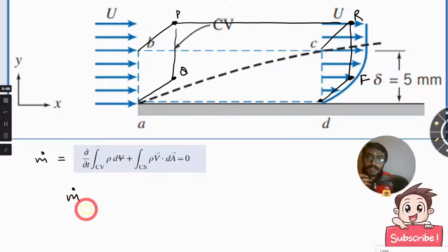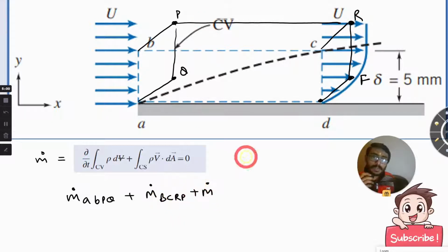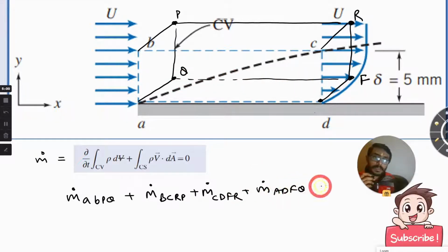So I can say that the mass flow rate across the entry ABPQ, plus the mass flow rate across BCRP, plus the mass flow rate across CDFR, plus the mass flow rate across ADFQ, all should be equal to 0, by mass conservation.